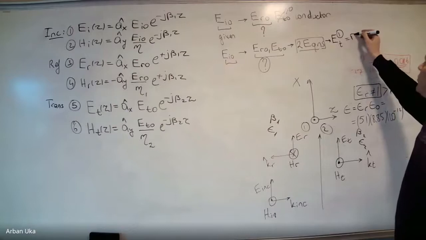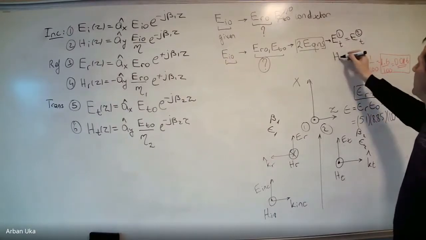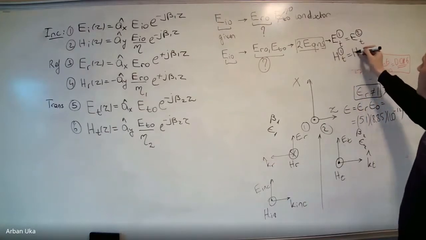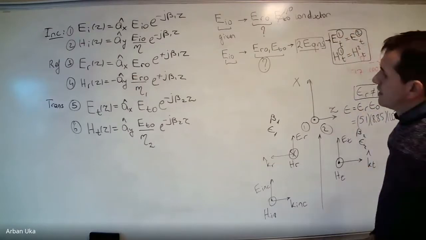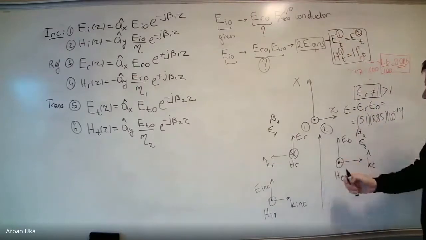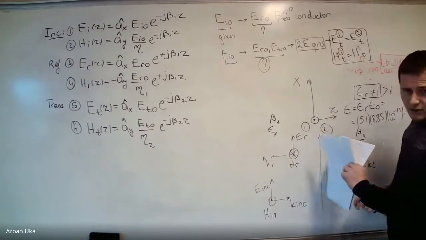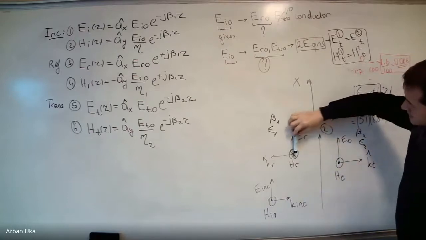E1 tangent is going to be equal to E2 tangent, and similarly, H1 tangent would be equal to H2 tangent. So where are the tangent components? If this is the interface with this paper I'm showing you, this is tangent.